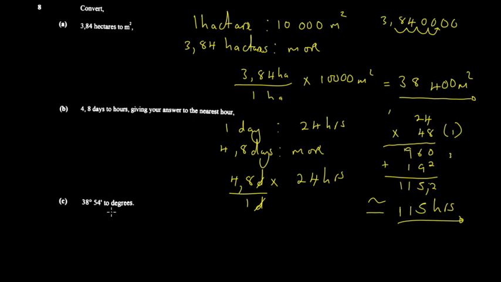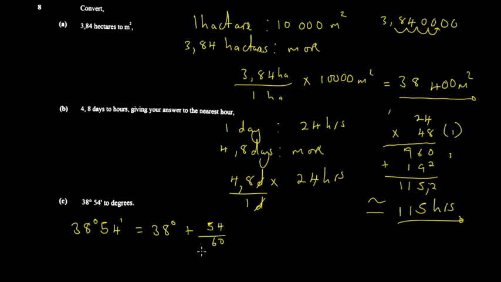And for this one, we have to convert these ones to degrees. So you just have to convert this one to degrees. So you can say 38 degrees, and this one, they're called minutes. So 54 minutes is equal to 38 degrees plus 54 minutes, which simply means 54 divided by 60.